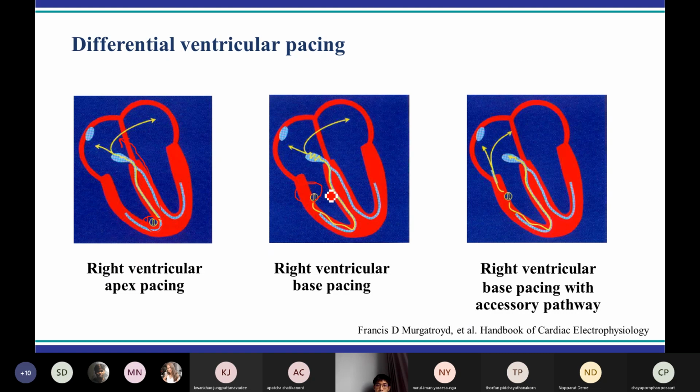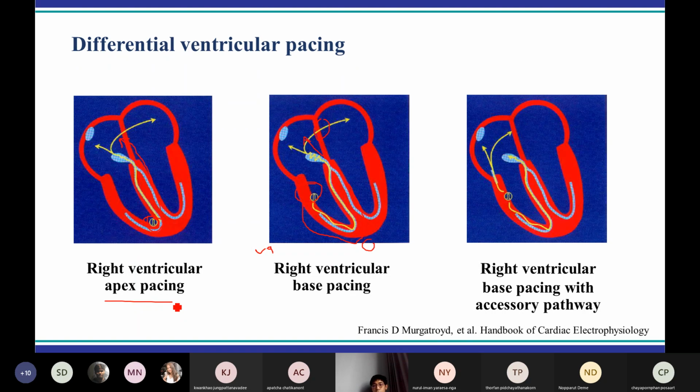But if you pace from the base here, and there is no accessory pathway, the signal has to go down to the apex and go up to the atrium. So the VA time from the base has to be longer. The VA time of the base has to be longer than the VA time of the apex.